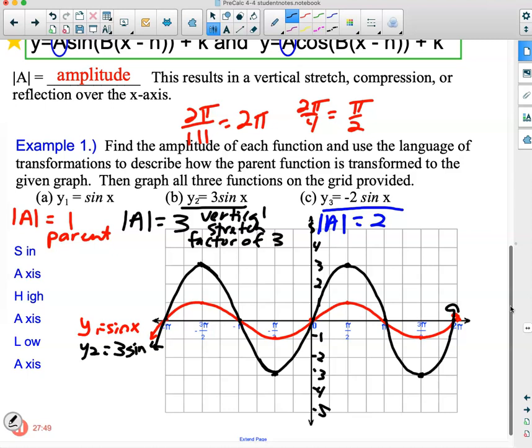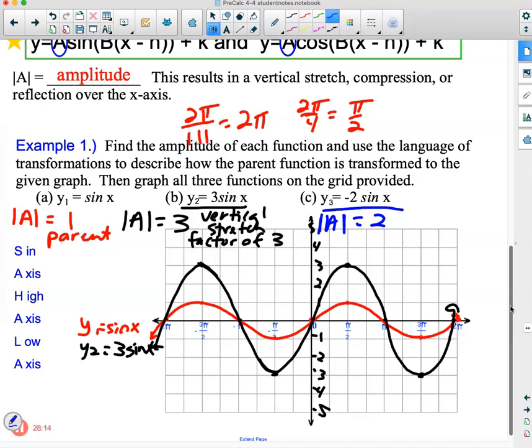And label it. So now we can really visually see that vertical stretch, factor of 3. If this red graph were made out of rubber bands and you grabbed the top and the bottom and you stretched it 3 times its size, it makes sense. That's what it would look like. Over there with C.